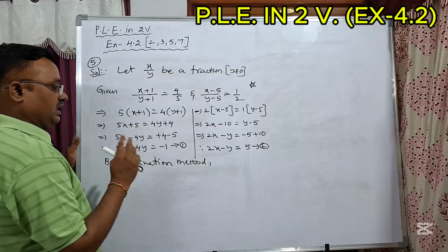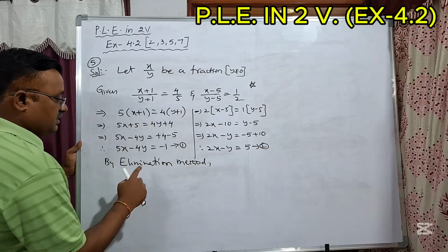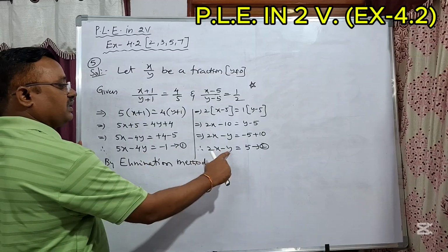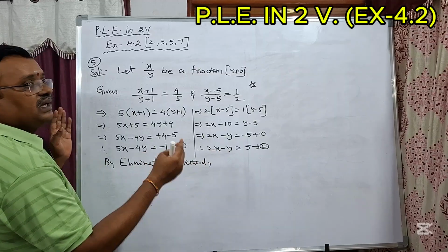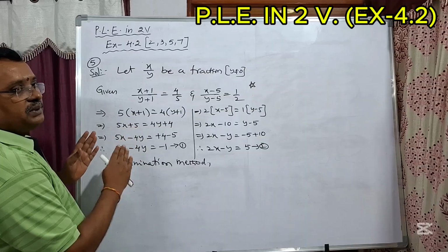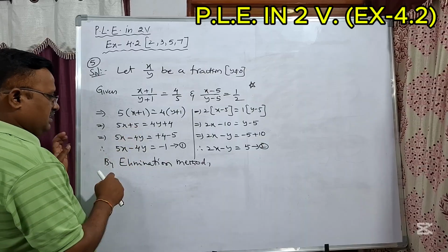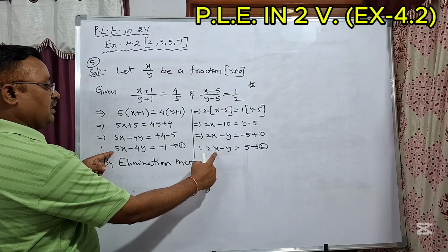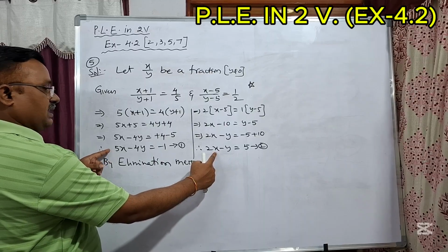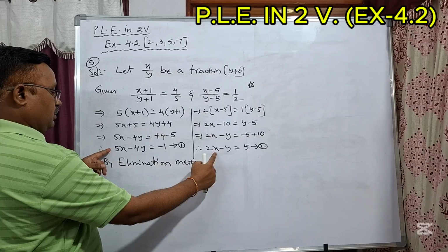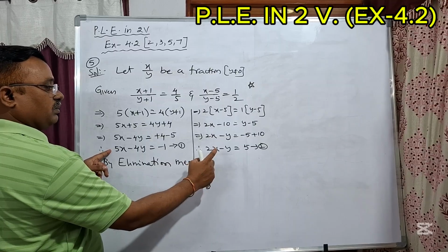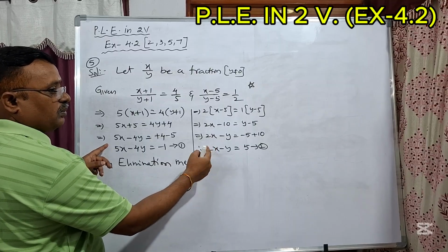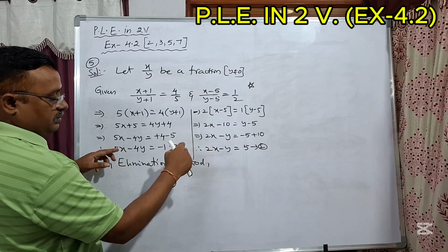Among that, my choice is that elimination of y is simpler than elimination of x for me, because if I want to eliminate x, I need to multiply some number by 2 here, some number by 5 here to make their coefficients their LCM.